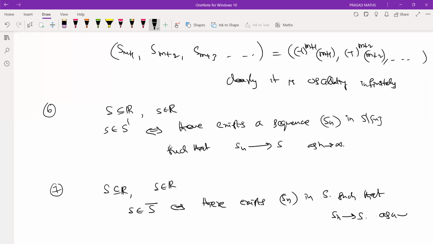This is also an important property. Whenever x is in the closure of S, if and only if there exists a sequence in S such that Sn converges to x. So this is also an important property.